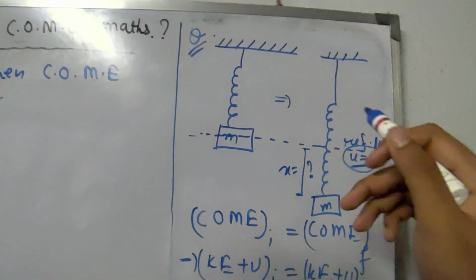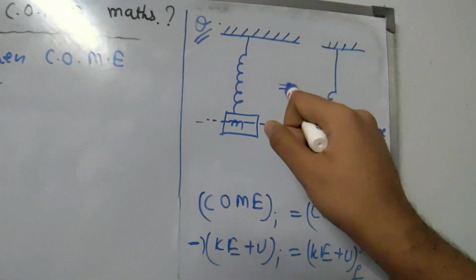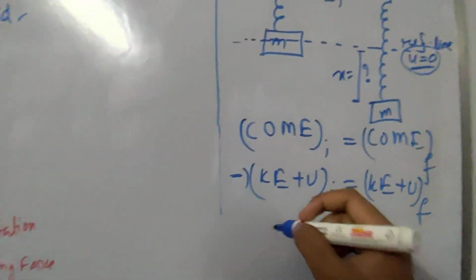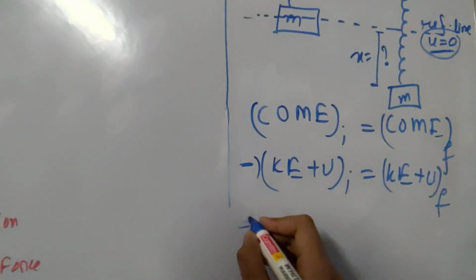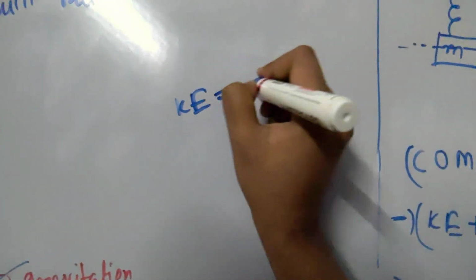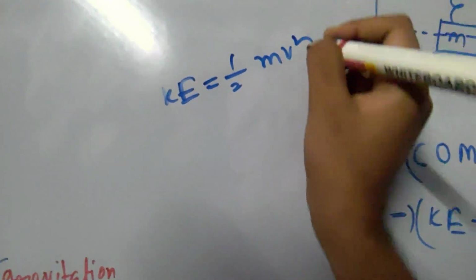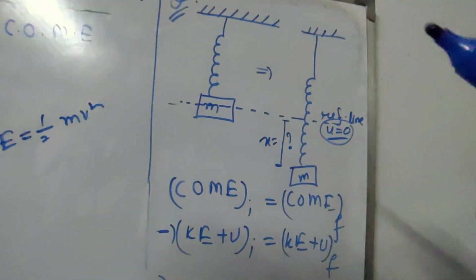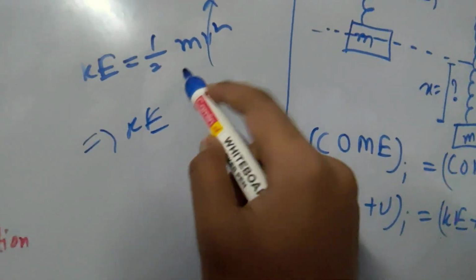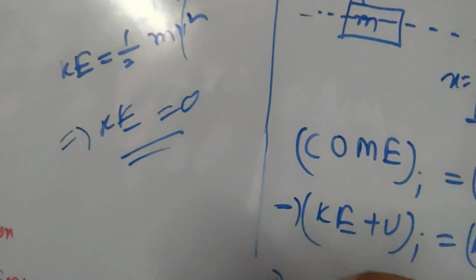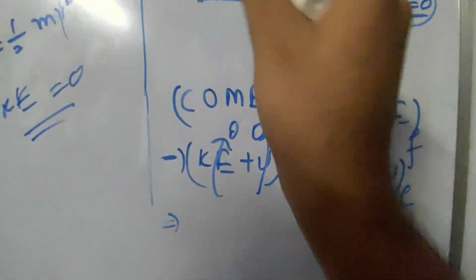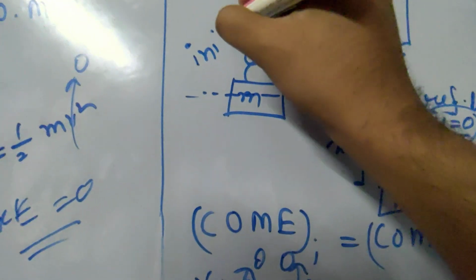In this question there is no initial velocity or final velocity. The formula of kinetic energy is K equals half mv square, so the velocity is 0 and ultimately the KE will also be 0.